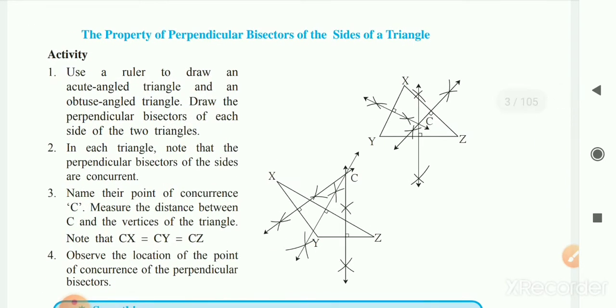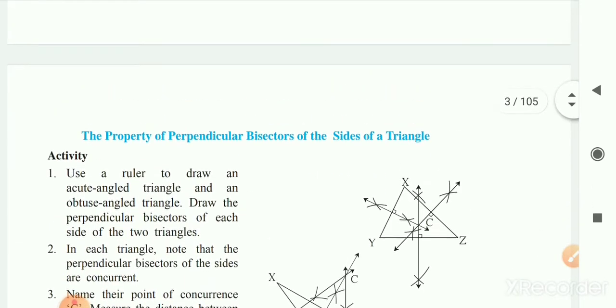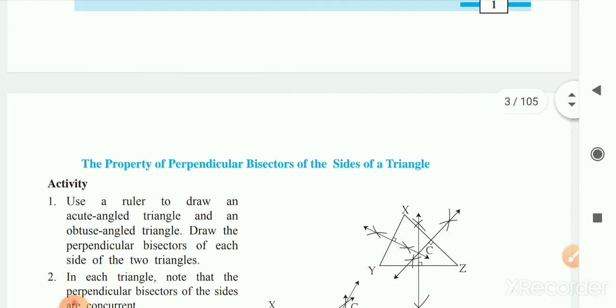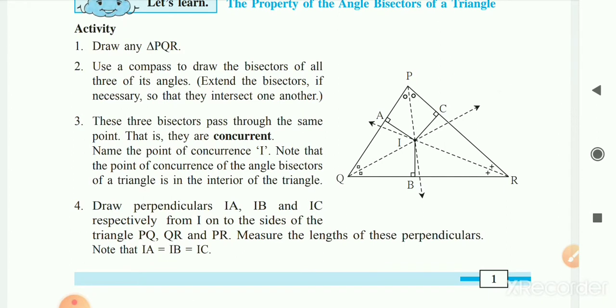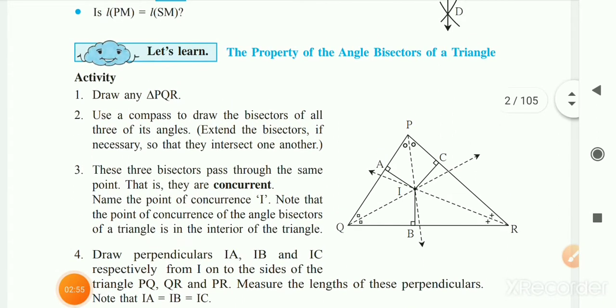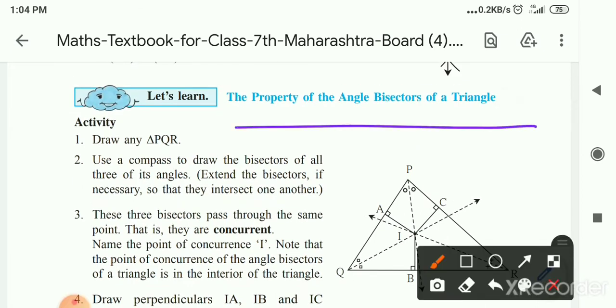For that we just have to draw the triangle. The property of the perpendicular bisectors of sides of a triangle, that also we are going to see. But first of all, we will see the first activity, that is the property of the angle bisector of a triangle.